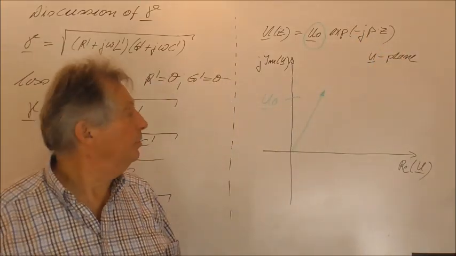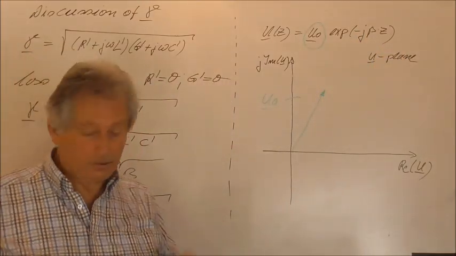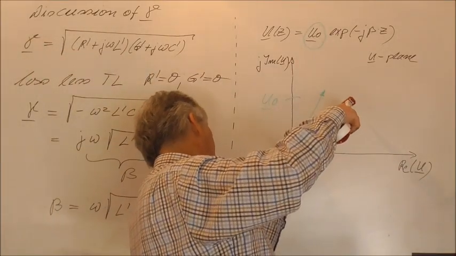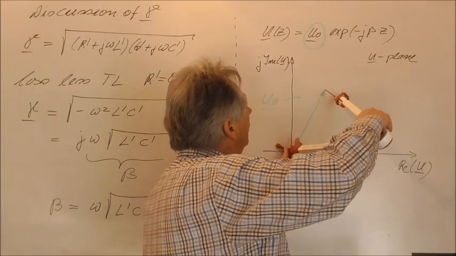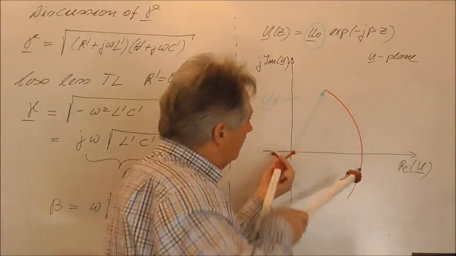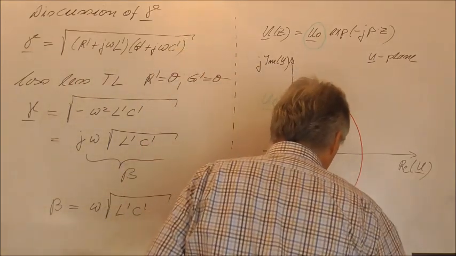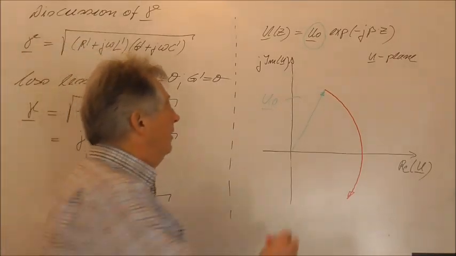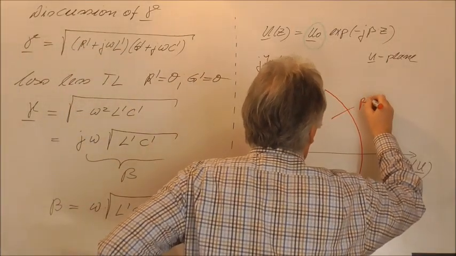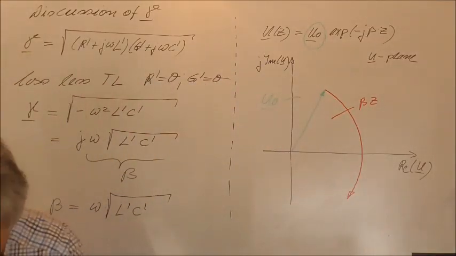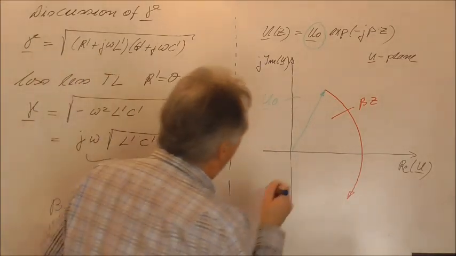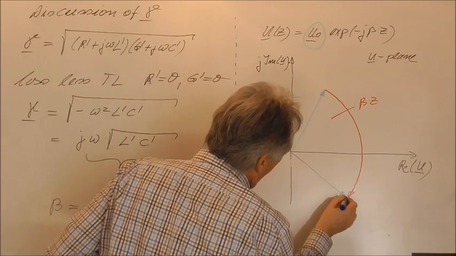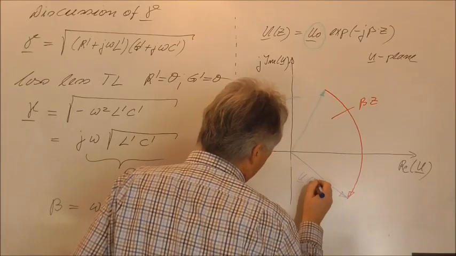So we can in principle use a compass and draw a certain circle. Of course this circle, or the angle, will depend on beta times z, and depending on the z coordinate, this term will then be U of z.